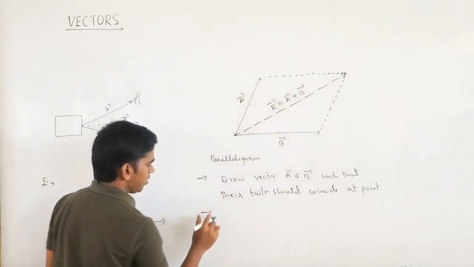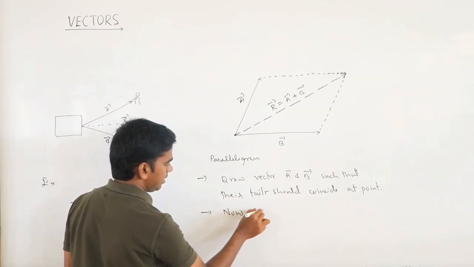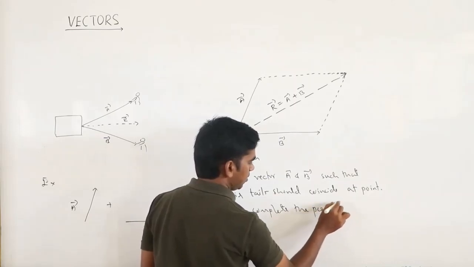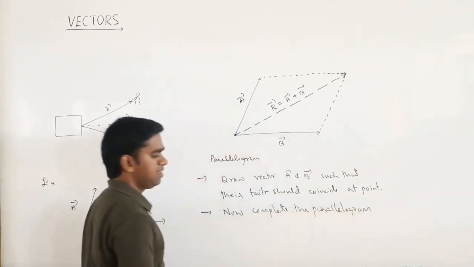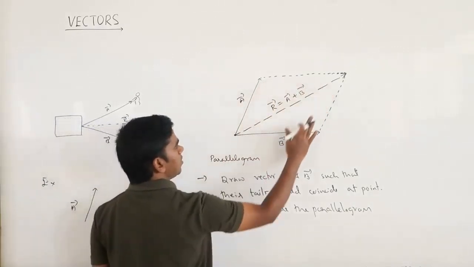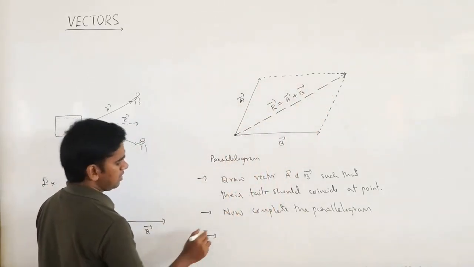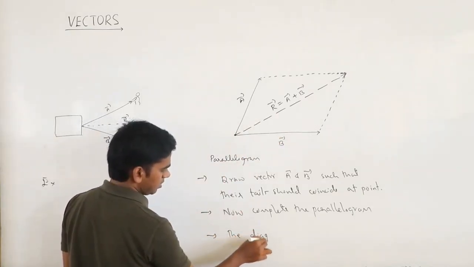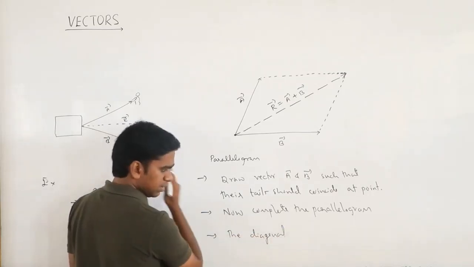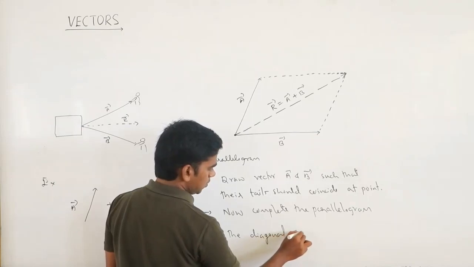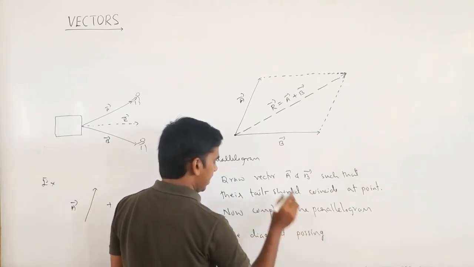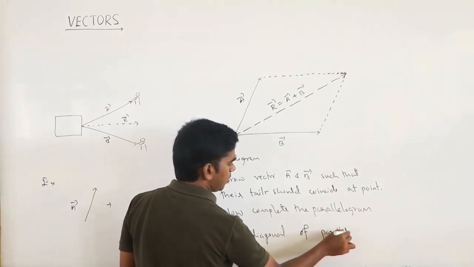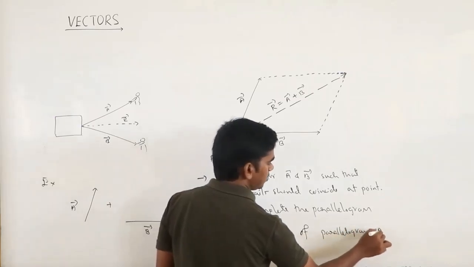Now I have completed the parallelogram. So what is the resultant? Now the resultant is the diagonal of the parallelogram passing through the point of intersection.